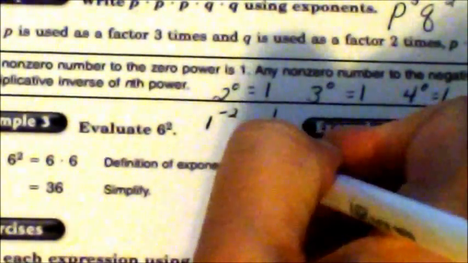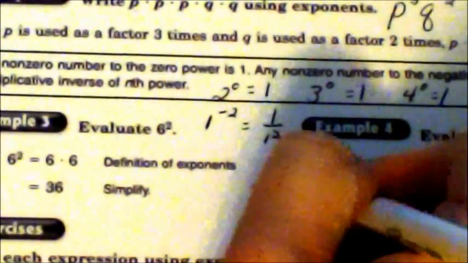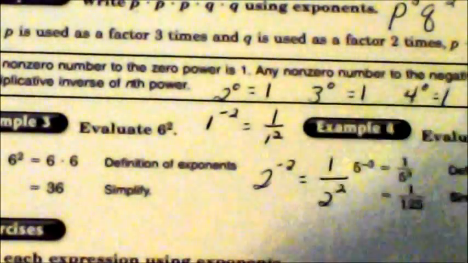Let me do a different one. Let's do 2 to the negative 2. That would equal 1 over 2 squared, which equals 1 over 4.